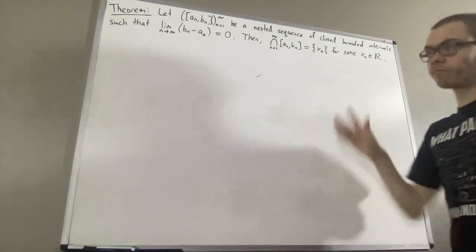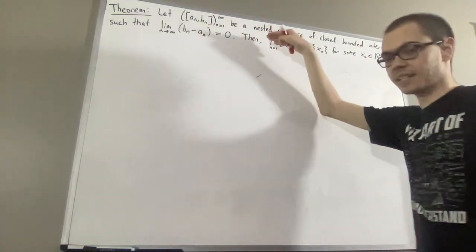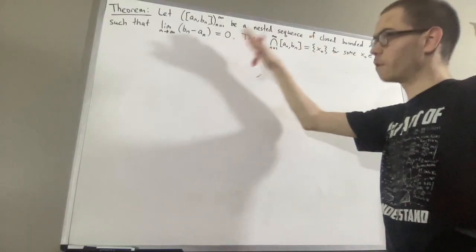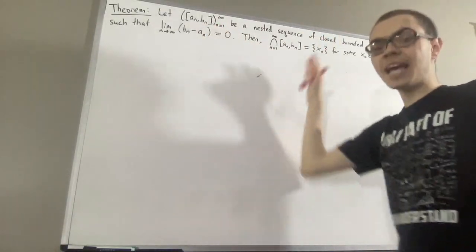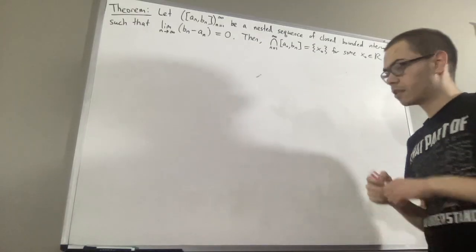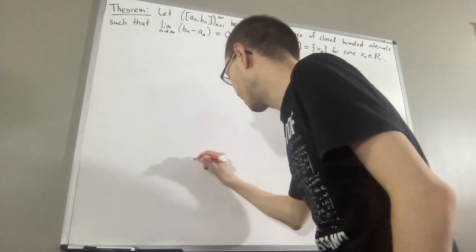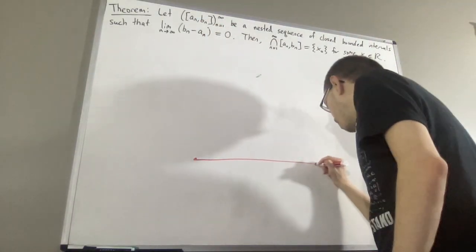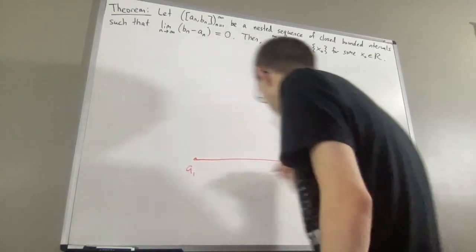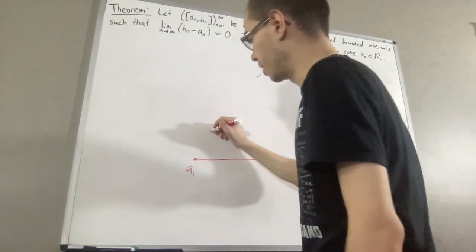real number. Now, to say that this sequence of closed intervals is nested means that each closed interval in the sequence contains the closed interval that comes after it. So, the first closed interval in our sequence is [a1, b1]. Maybe it looks something like this. The next closed interval in the sequence is [a2, b2].